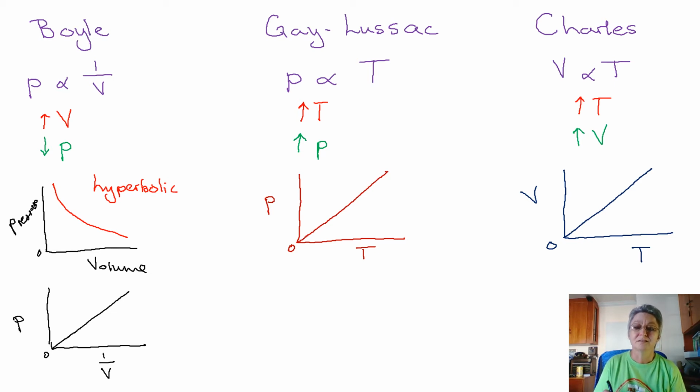For an ideal gas, you can cool it down to 0 Kelvin, and the particles will have no pressure. For the ideal gas, you can cool it down to 0 Kelvin, and the volume of the gas will be 0. Okay, I hope you get that.